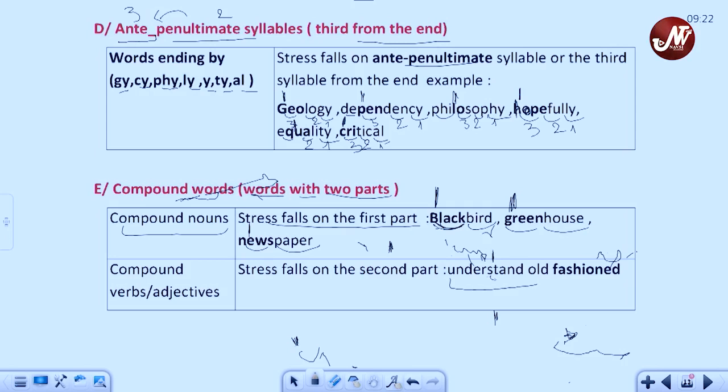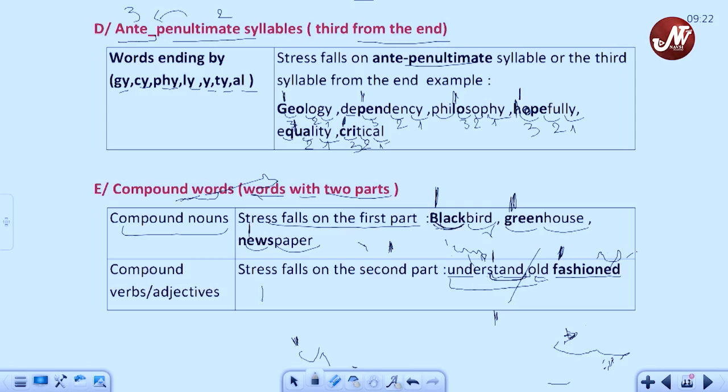So we put the stress on the second part of the verb. We say understand. Then we have the adjective old-fashioned. We stress on the second part. We say old-fashioned.